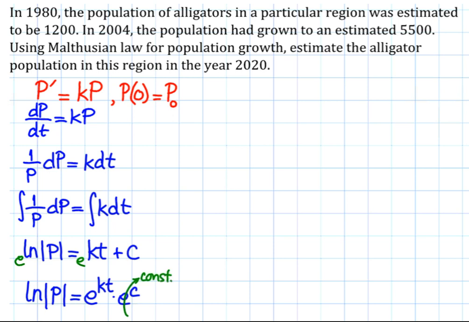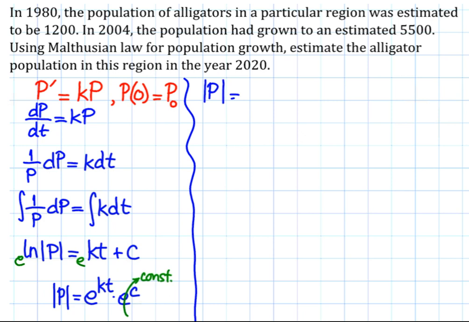So we have absolute value of p, and let that constant be just another constant, c. So we will have constant c times e to the kt.